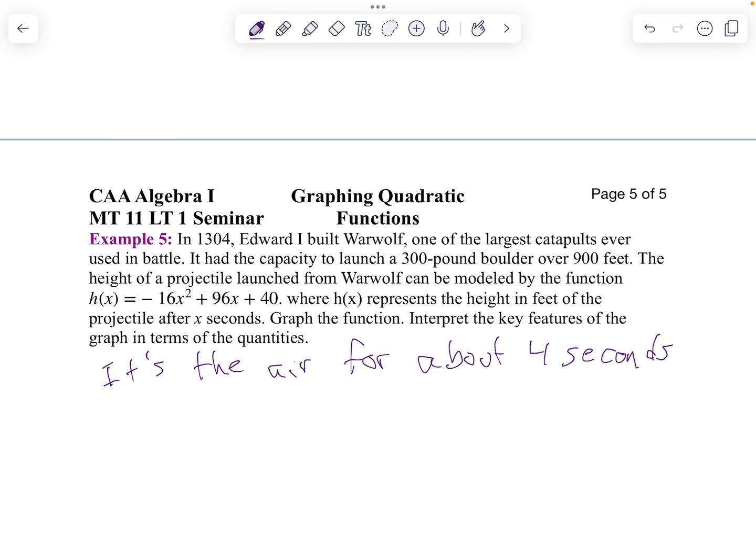Which means it's going up for about, I said 6.4, not for about 3.2 seconds. Then it's falling.